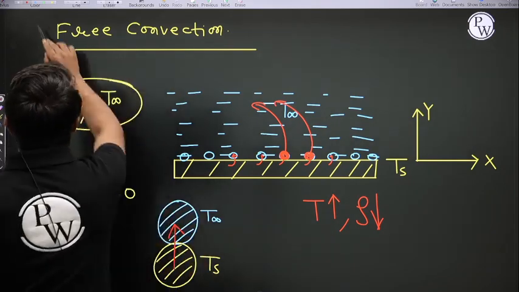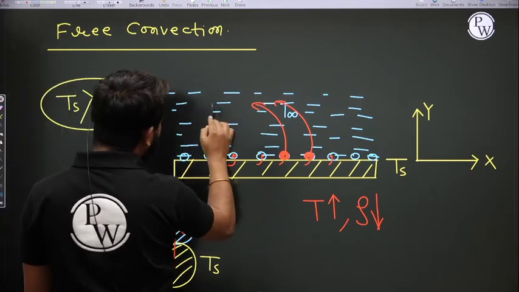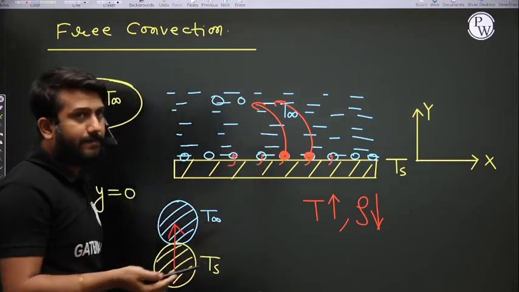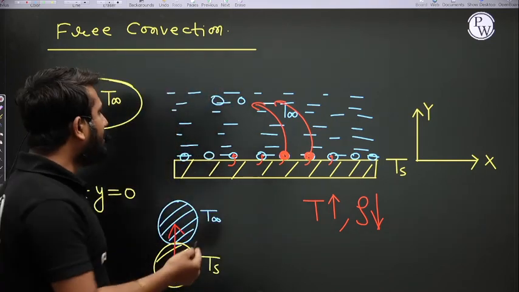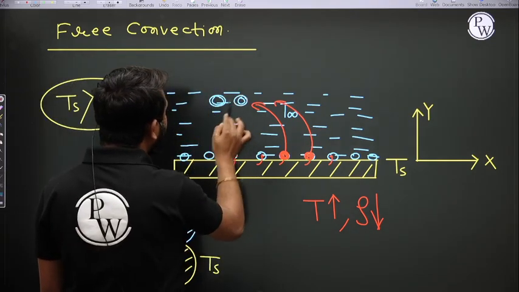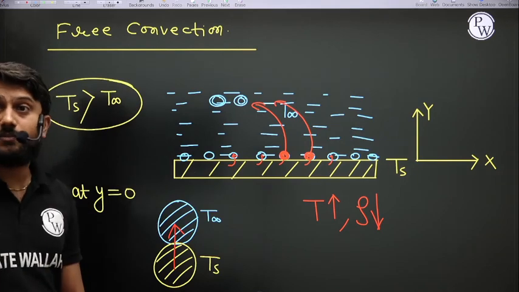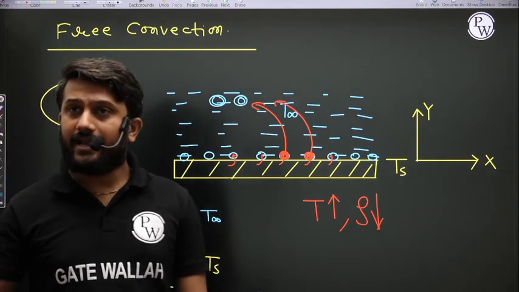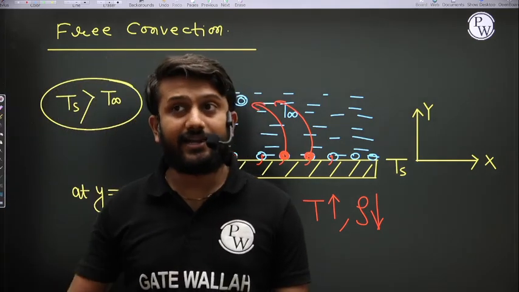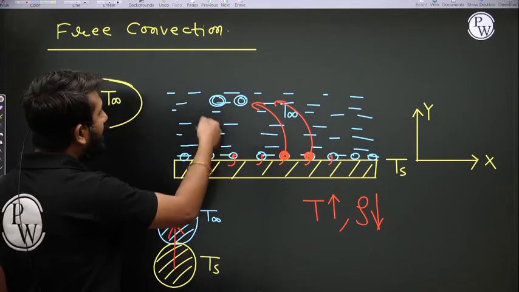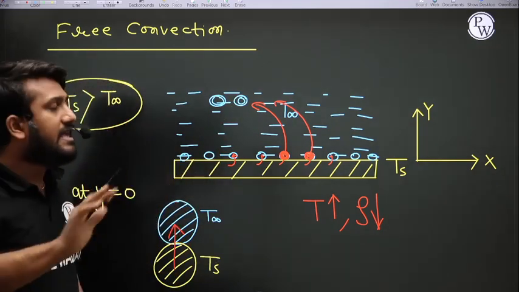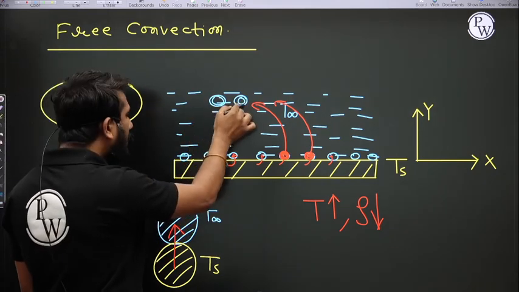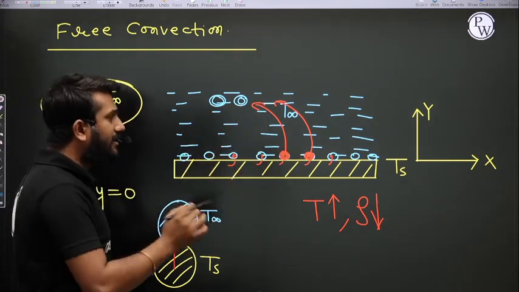So these heavy particles, which are present away from the plate, let us assume two particles here, have lower temperature as compared to the temperature here.